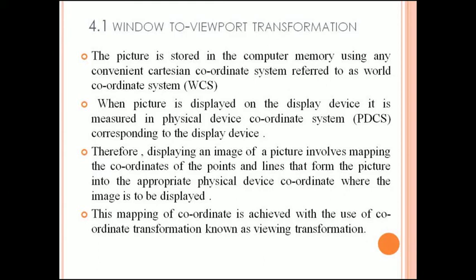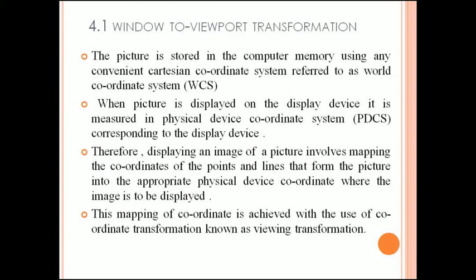Therefore, displaying an image of a picture involves mapping the coordinates of the points and lines that form the picture into the appropriate physical device coordinates where the image is to be displayed. This mapping of coordinates is achieved with the coordinate transformation known as the viewing transformation.